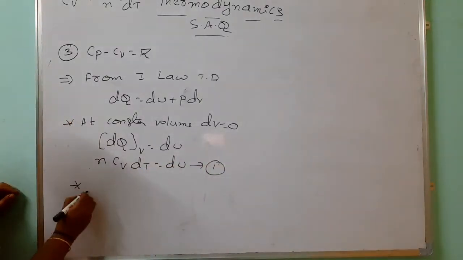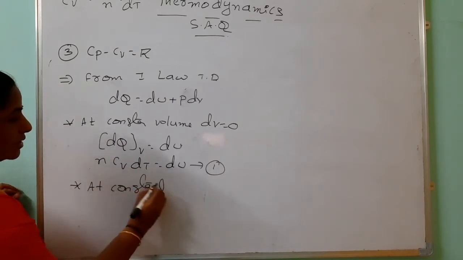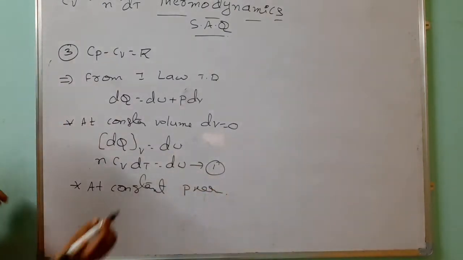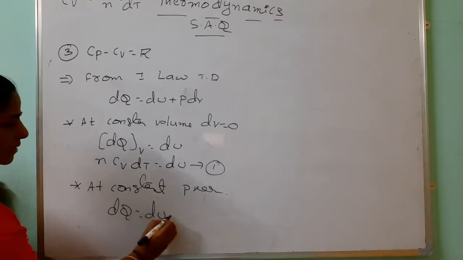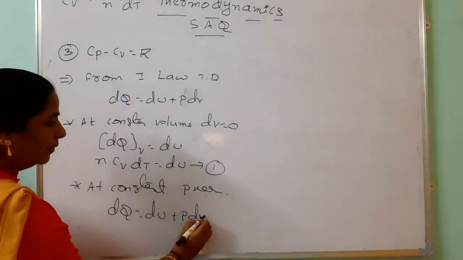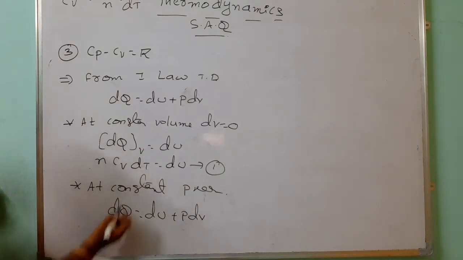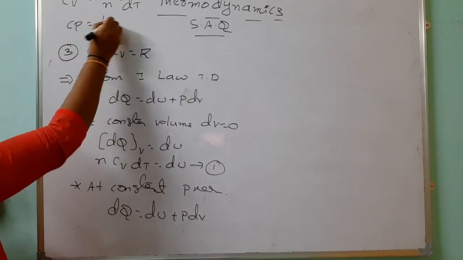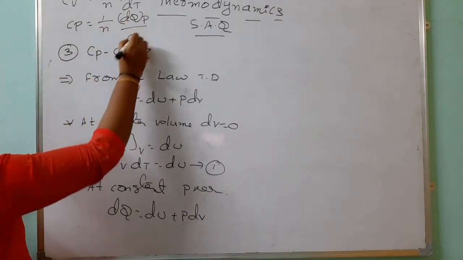Like that, the same thing at constant pressure. At constant pressure, dq equals du plus pressure into change in volume. But instead of dq at constant pressure, Cp equals 1 by n into dq at constant pressure by dt.